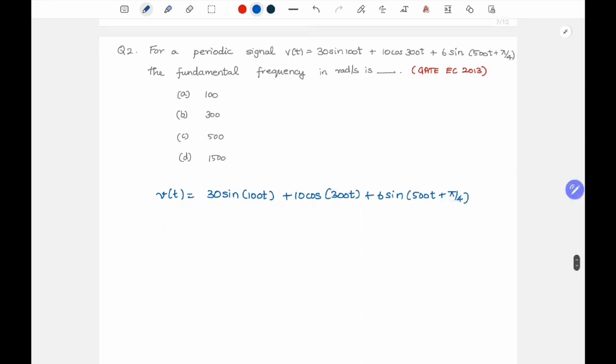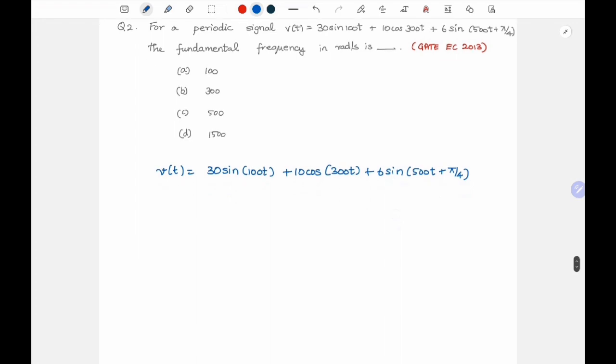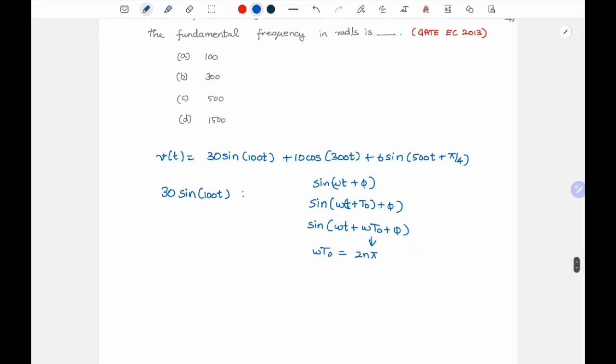Okay. So now we have 3 signals. So now let's try to find out how to solve it for 3 signals. So let's consider them individually. 30 sine 100t, right? So what is the fundamental period for this? In general, for sine of omega t plus phi, I will replace t with t plus t naught, which gives sine of omega t plus omega t naught plus phi. If omega t naught is equal to 2n pi, then it is periodic, correct?